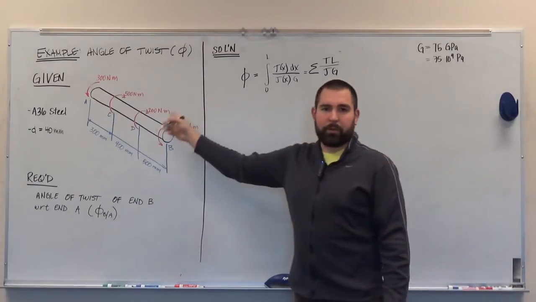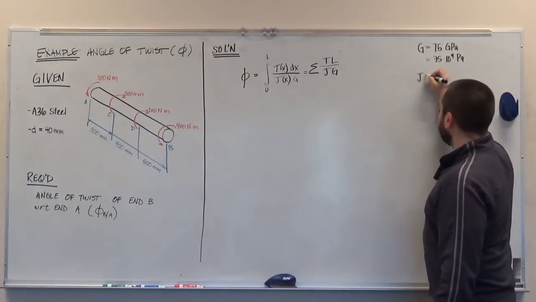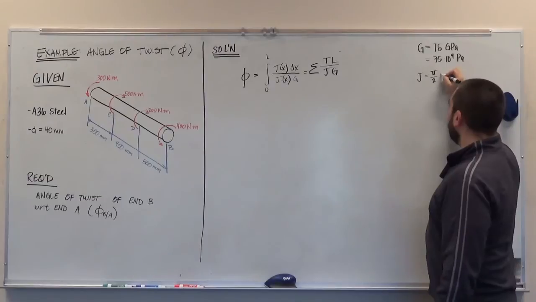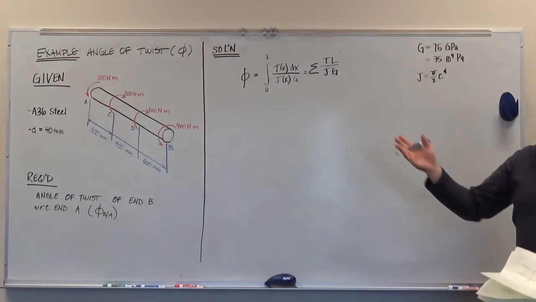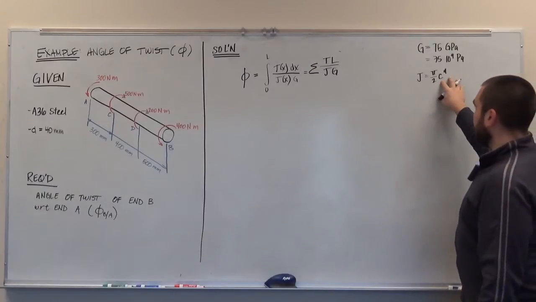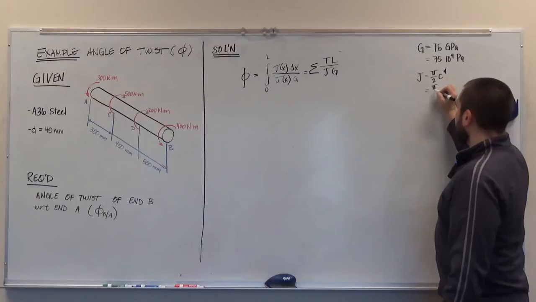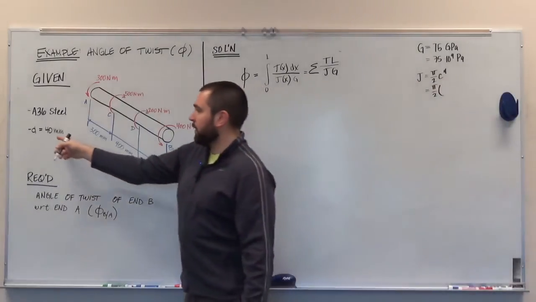This is a solid circular shaft, and so the polar moment of inertia for each of these is simply going to be equal to pi over 2 times the radius to the 4th. And here all the sections have the same exact radius, and so we can calculate one value for all of these. It would be pi over 2 times the radius, which is simply half of the diameter.